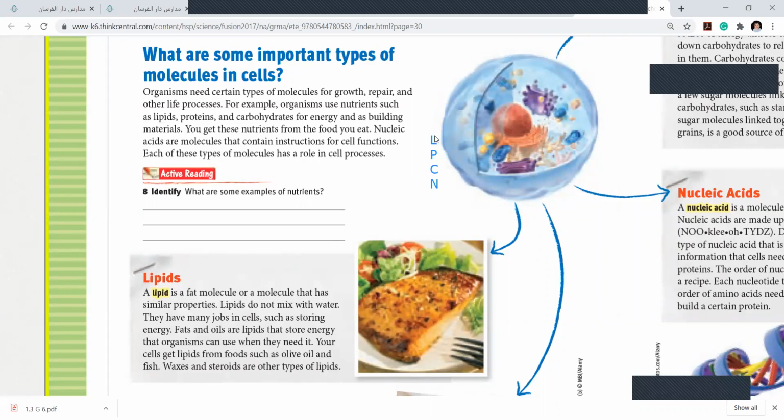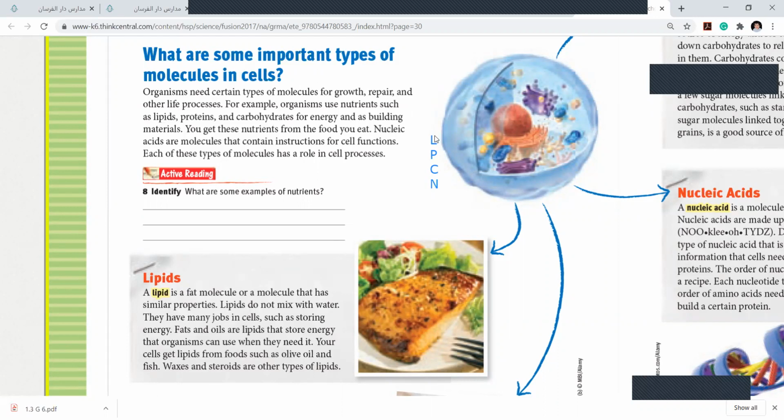Miss, it's important. At least the names you must know. If I ask what molecules are important for the cell, just remember LPCN: lipids, proteins, carbohydrates, nucleic acid.